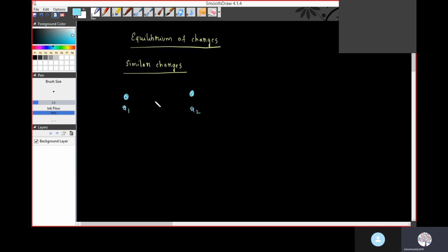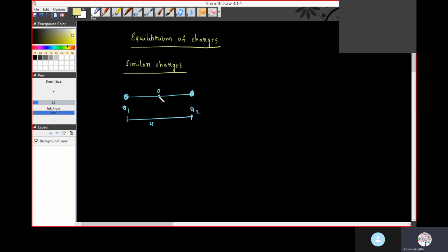These two are similar charges. Now you can have a charge q at a point O. Let us take the distance between the charges as x.